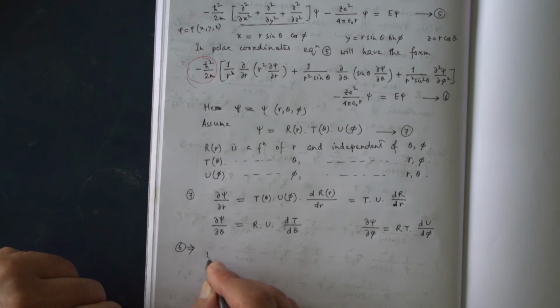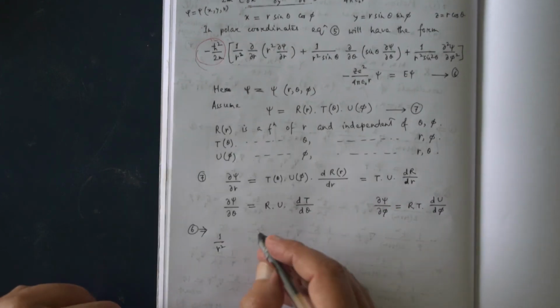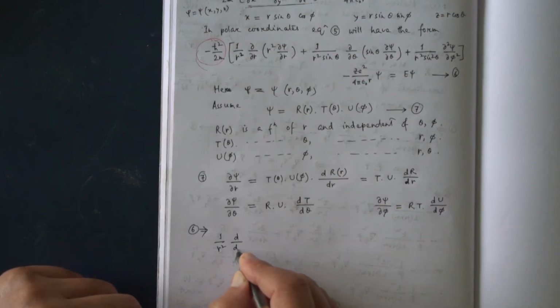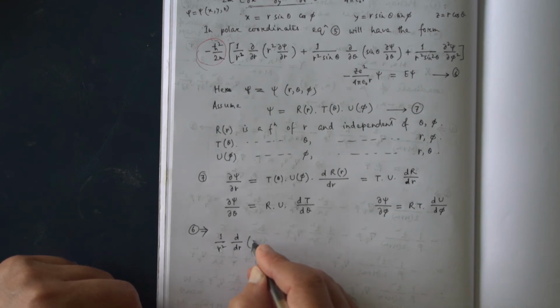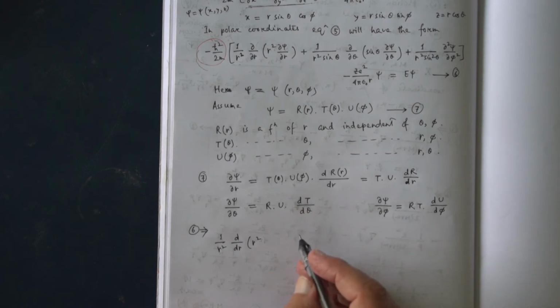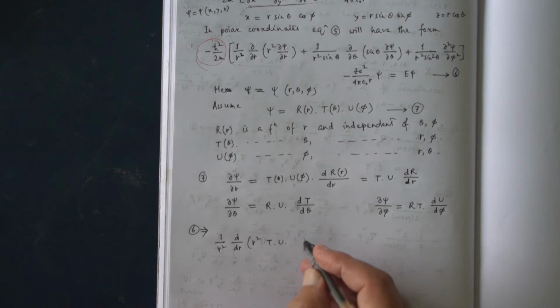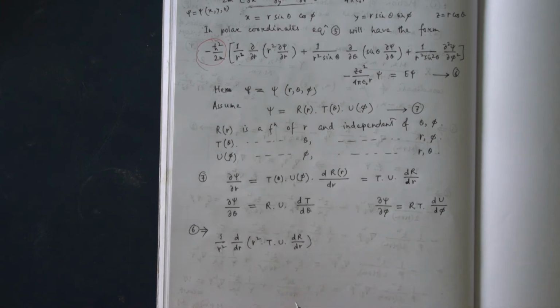So 1 by r square d/dr of r square dR/dr, with T and U constant.